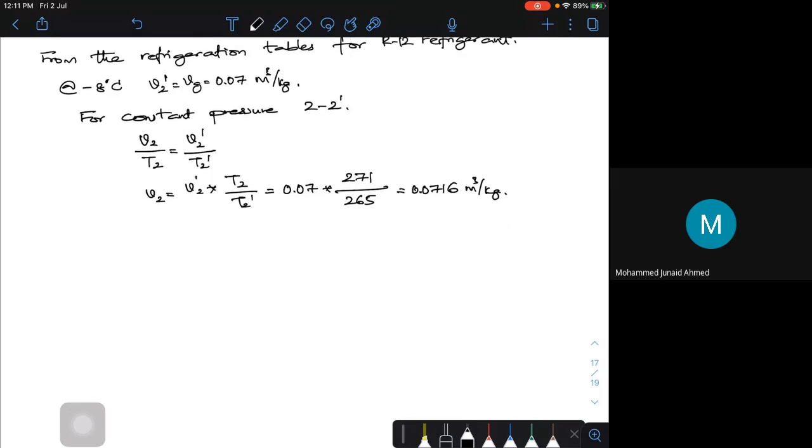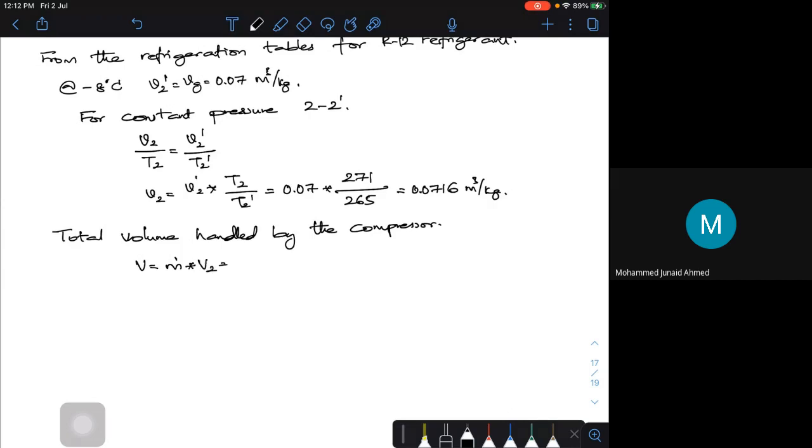So the total volume handled by the compressor, V is equal to mass flow rate into your V2.